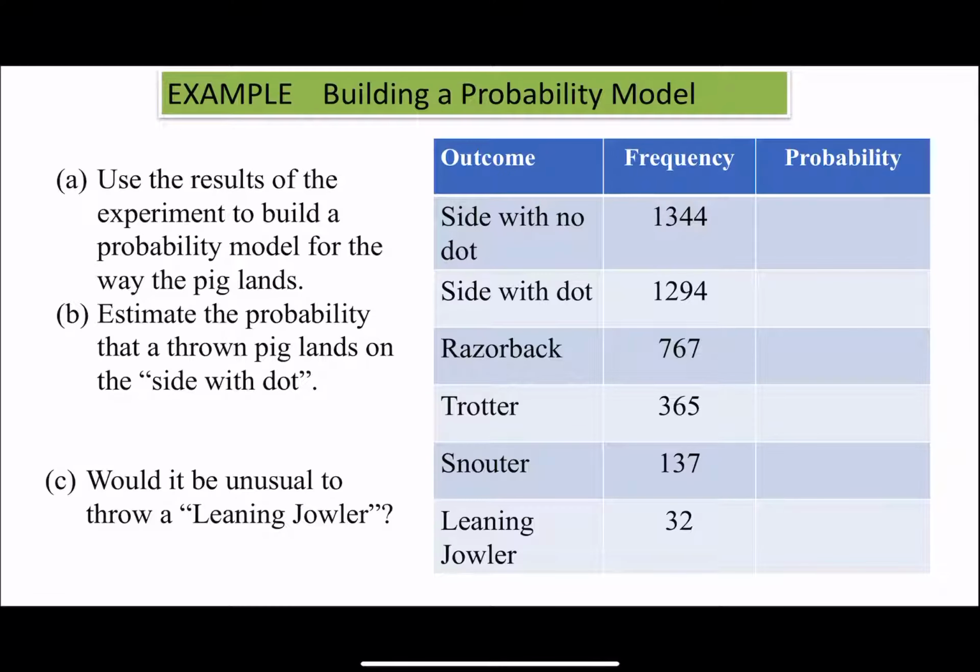So we are going to build a probability model. The first thing I want to do is figure out the probability of each of these. So for example, 1344 over 3939.